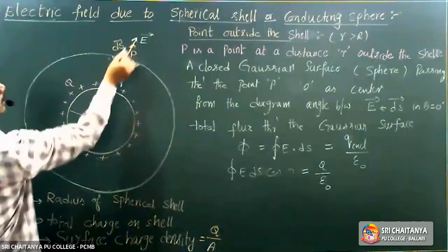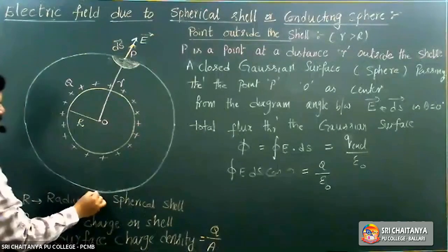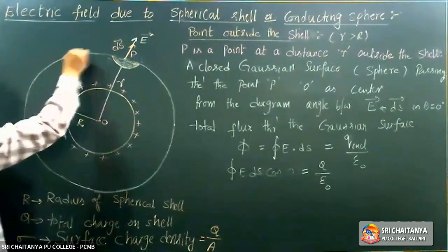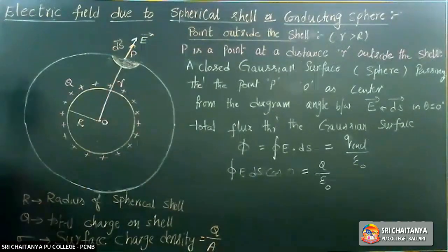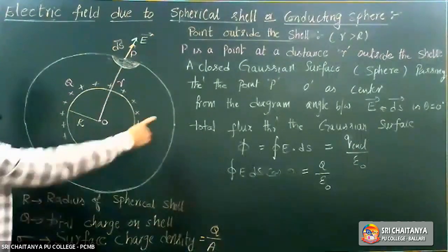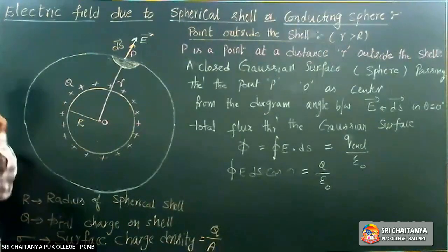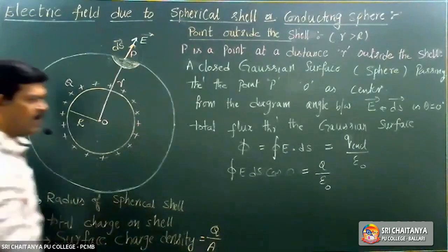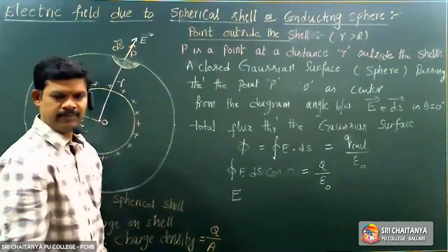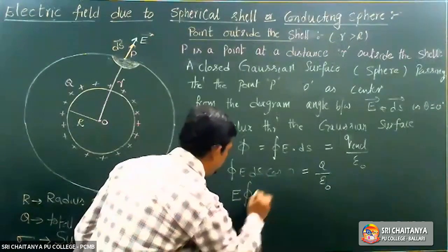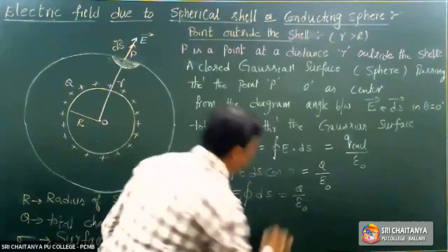If you see E at this point, at this point, at every point on the sphere, it is at the same distance r from the center. So at every point, E is constant, E is same. Once E is same at every point, you can take that E outside. Integral ds is equal to Q by epsilon naught.